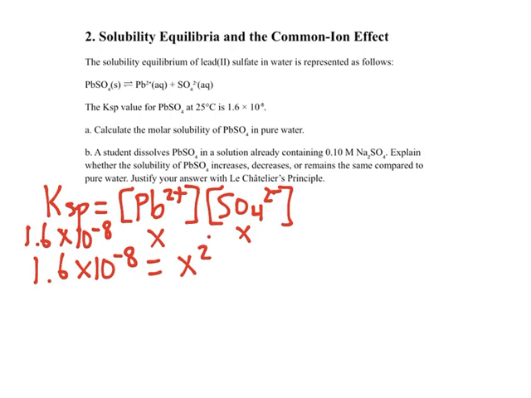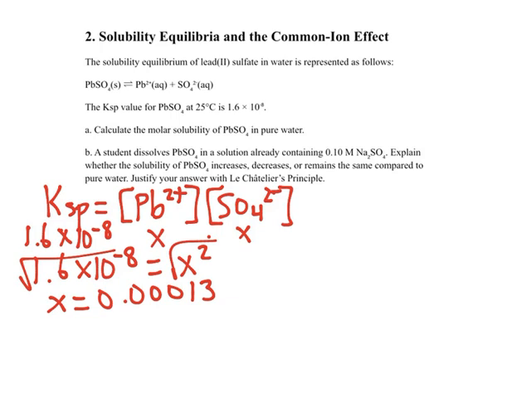So we simply have to take the square root of both sides, and that ends up with me getting x equals 0.00013.